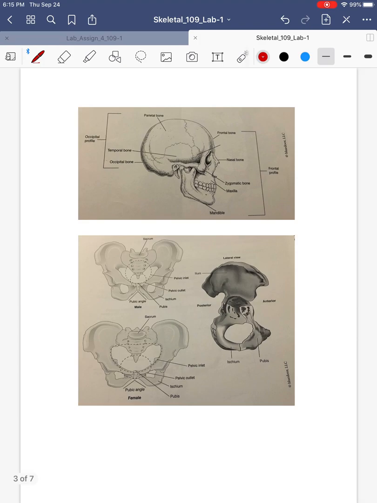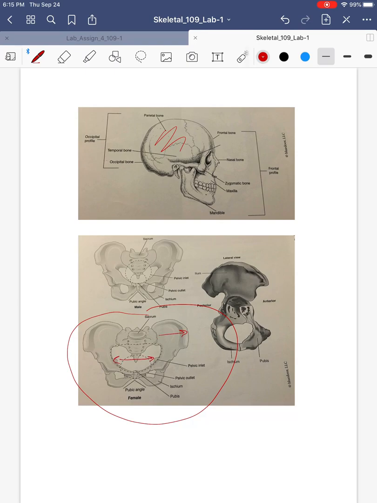And what they're going to do is go over the skull and the pelvis, because these are the two parts of the body that we look at to determine sex. For example, in a female pelvis, the opening is wider.